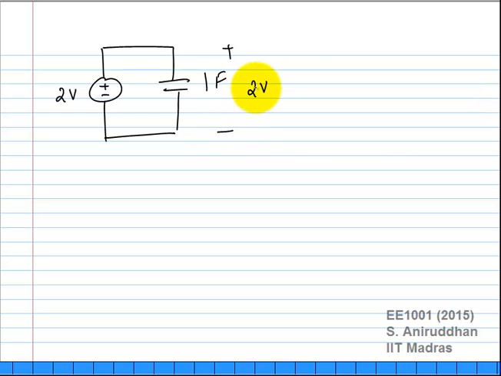Right? What is the current through the capacitor? How will you figure out the current through the capacitor? In steady state, it is 0. I equal to 0 in steady state. If you wait for a long time, the capacitor gets charged.